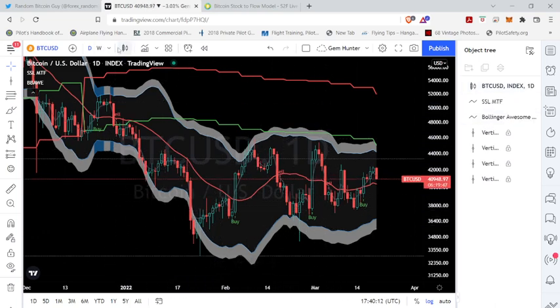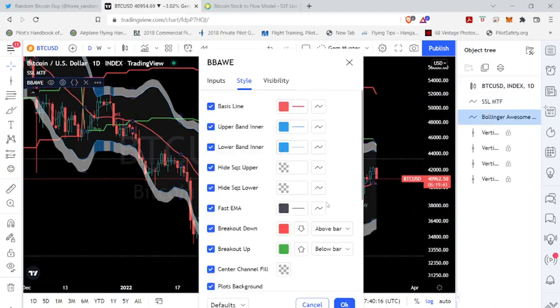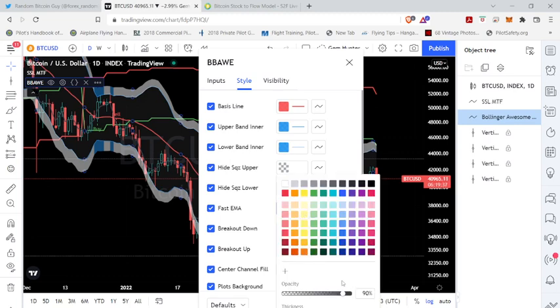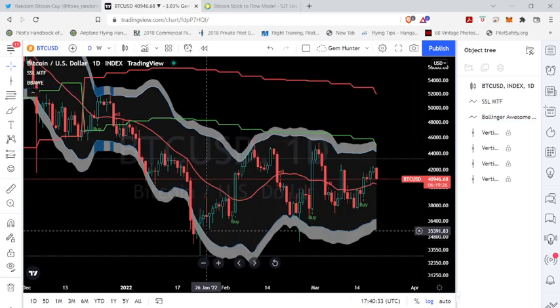But we're going to change a few of these settings. So we go over to the cogwheel. I want to get rid of this fast MA. That's just going to be in the way. So turn that opacity down to 0 so you can't see it.